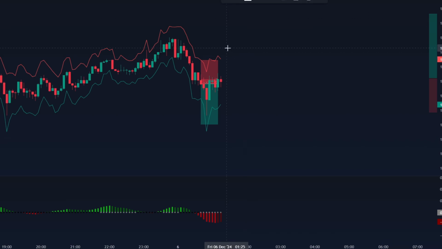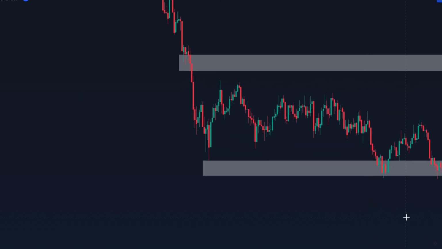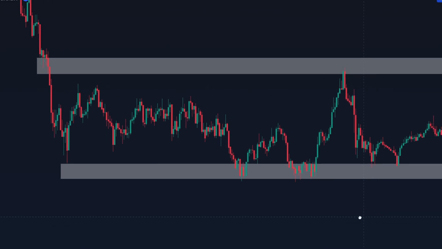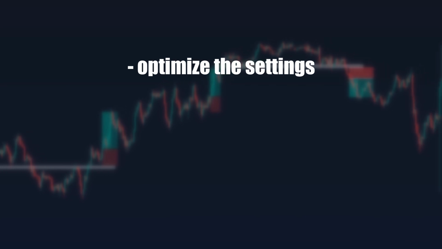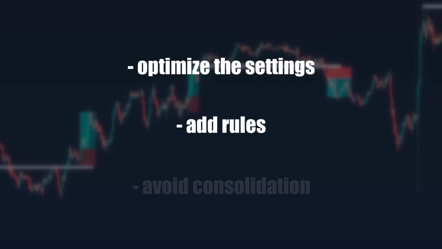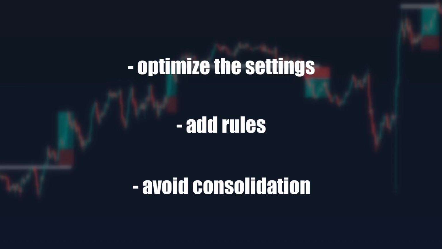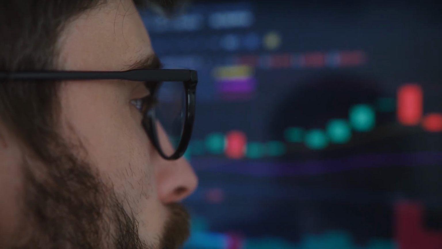It might not sound that bad, but when the consolidation goes on for a while, the losses can stack up. To filter out the false signals, we'll have to optimize the indicator settings, add a few rules, and find a way to avoid the consolidation. And I'll show you exactly how to do that.